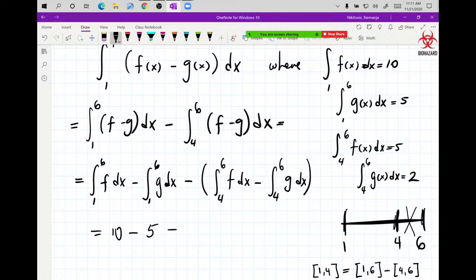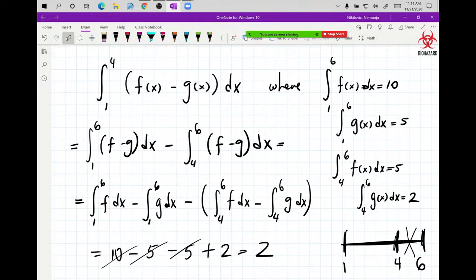Minus 4 to 6 for f is 5. And minus gives you plus. 4 to 6 for g is 2. So this over here, you can just cancel it and get 2. There we go. This was problem 55C from homework. So you might run into these types of problems on your homework, right?